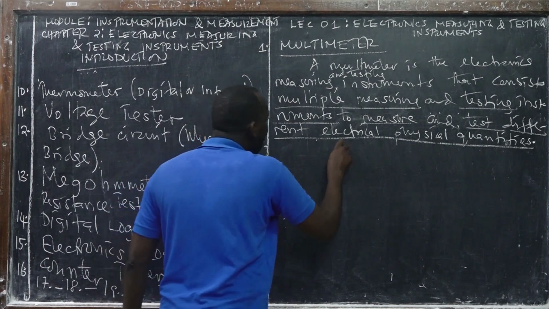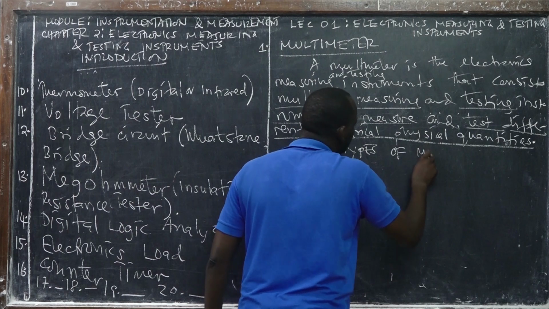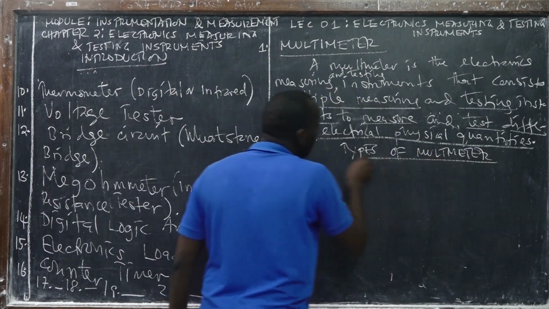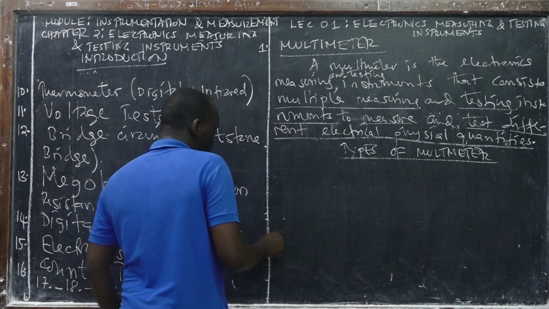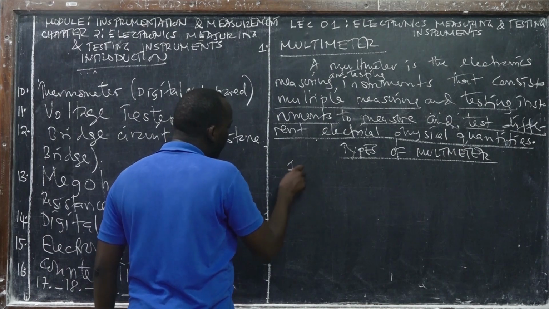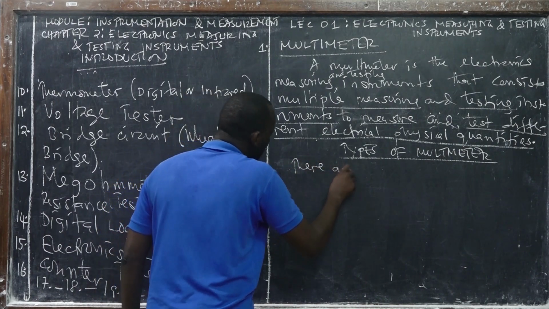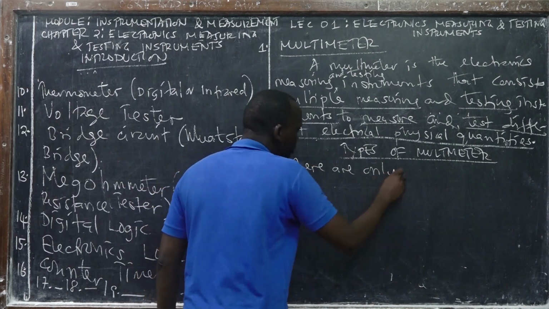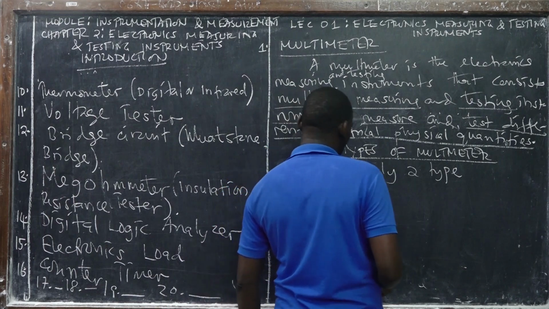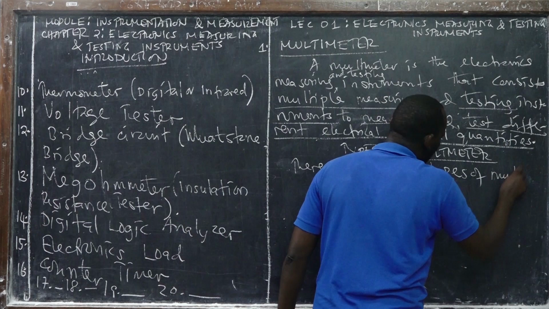Then, basically, types of multimeters. In electronics there are two types of multimeter, according to functionality or structure.